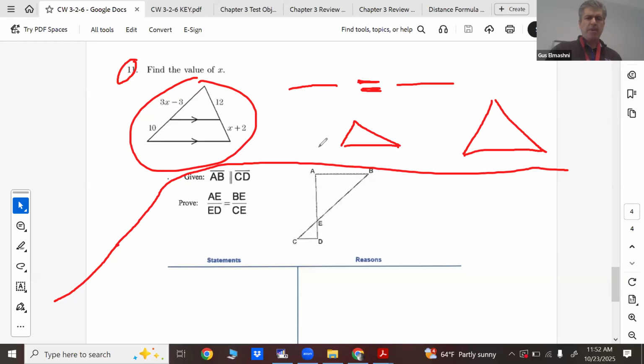So we'll call this 3x minus 3, and 3x plus 7. So see what I just did? I looked at the little triangle up top. The big one, 3x plus 7 and x plus 14, combined it all, and then set it up.